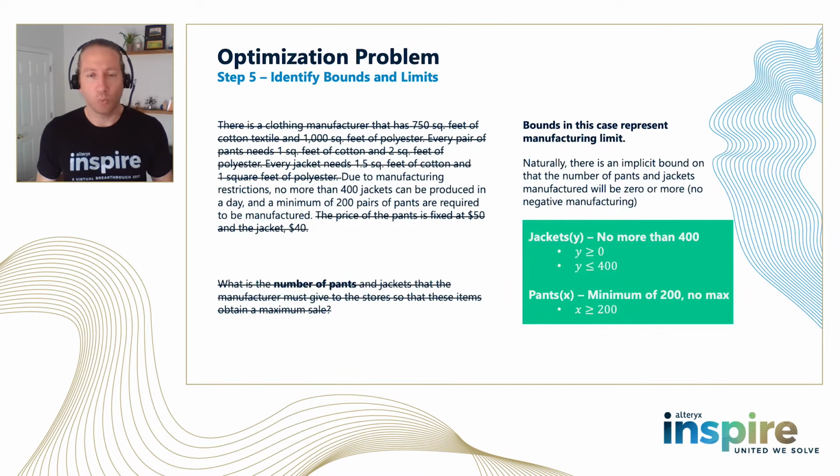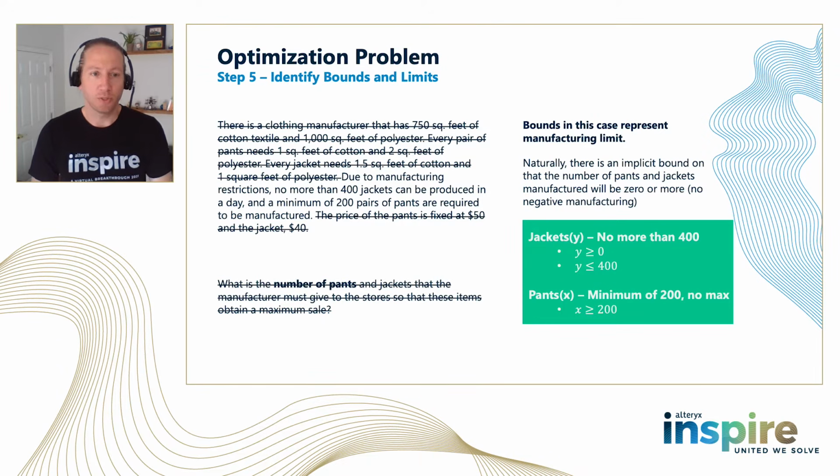But we also have what seem to be some arbitrary business rules that we need to follow. So again, everything on the left-hand side that's been crossed out, we've taken care of already. The things that have not been crossed out, we still need to introduce into our graphical representation.